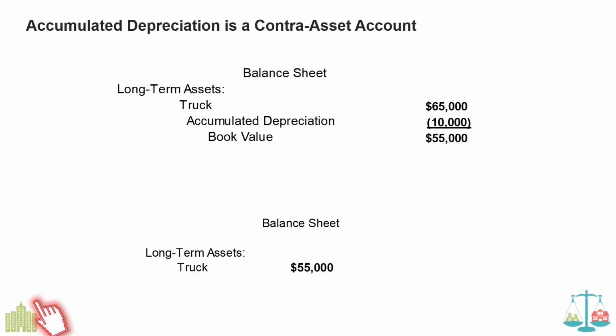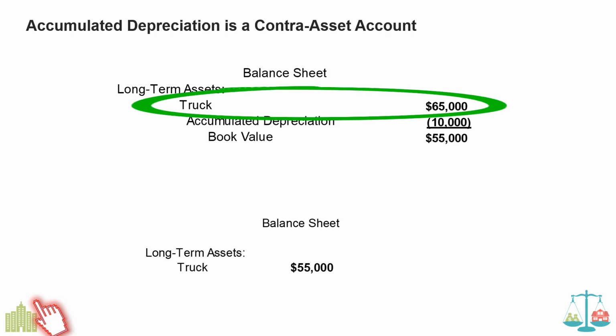A contra-asset, or reduction of an asset account, appears on the balance sheet with the asset that it's reducing. If we're going to use this account called accumulated depreciation, which is a reduction of the asset truck, then under the balance sheet category of long-term assets, we'll show the truck at its original cost.